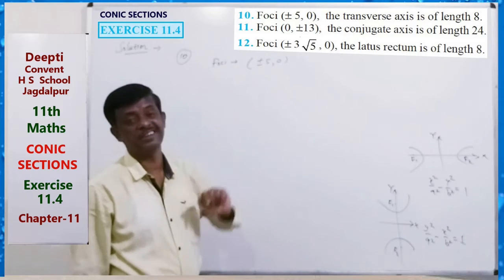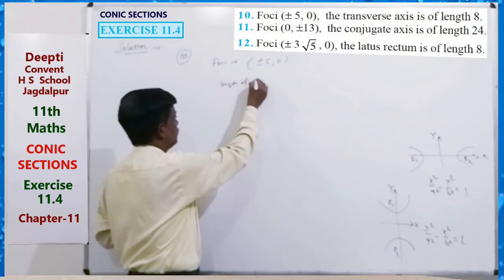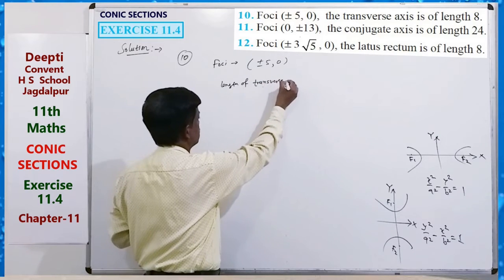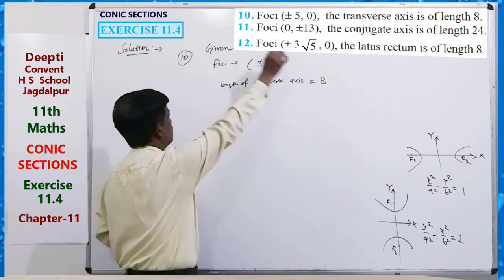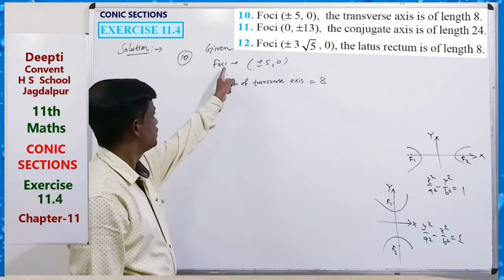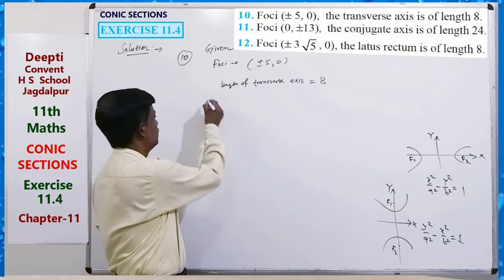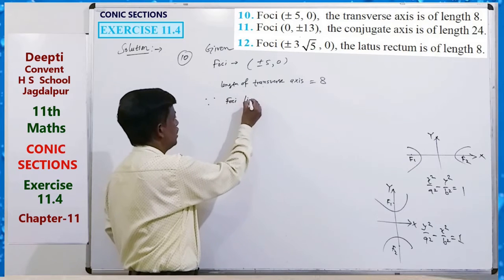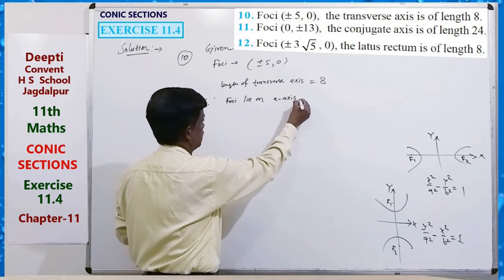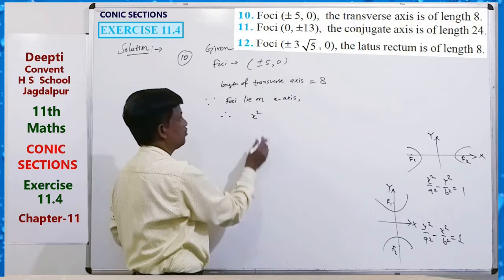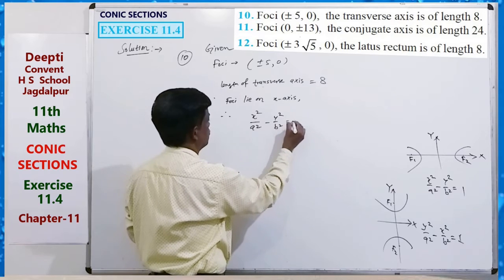Since the foci lie on the x-axis, because the y coordinate is 0, therefore the format will be x square by a square minus y square by b square equals 1. This is the format.